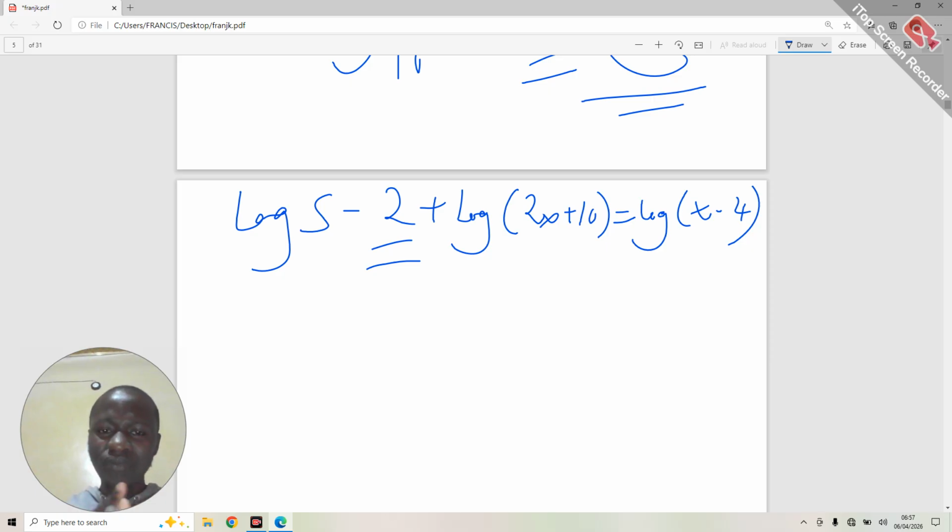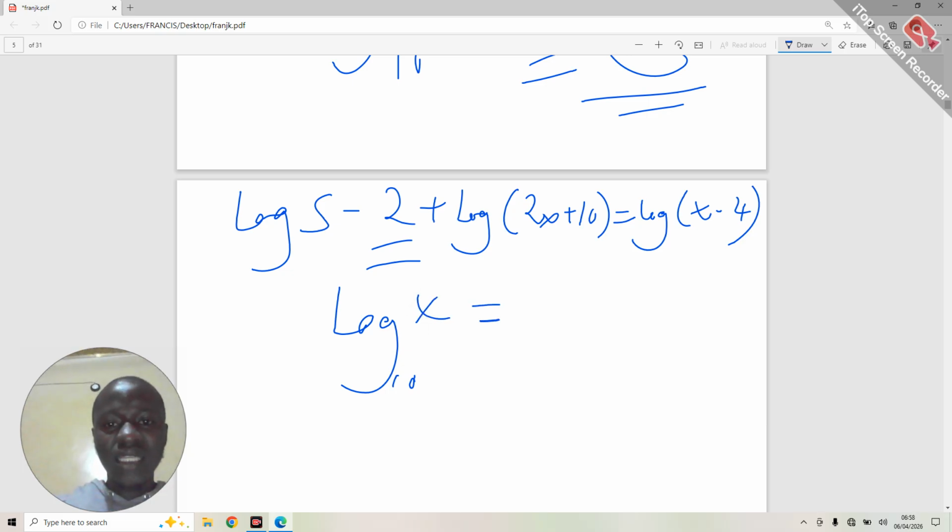If you really understood how one can analyze, interpret, or read log, then changing 2 into log is something that should take you only 1 second. So if I were you, I would write something like this to do with the log. Obviously, this is base 10. No one should remind you of that. Then I have x is equal to 2. Now, why should I write there x? Because I want something like this.